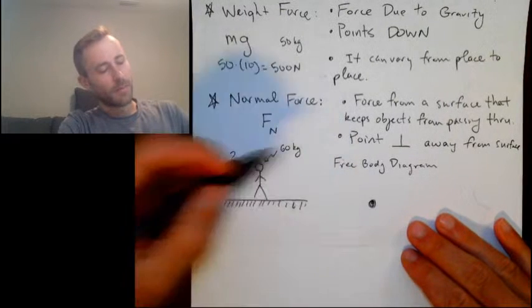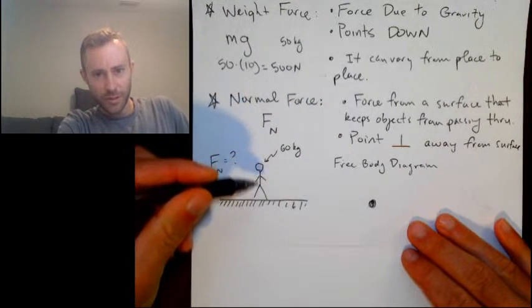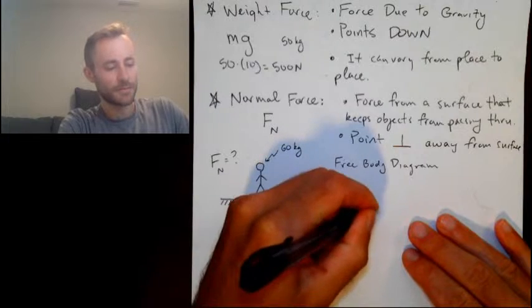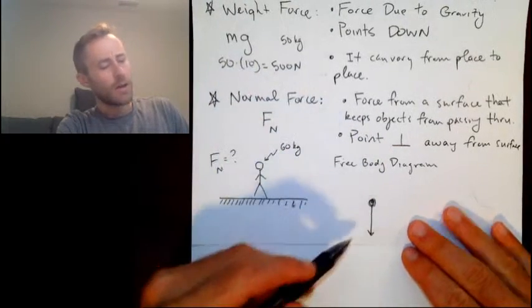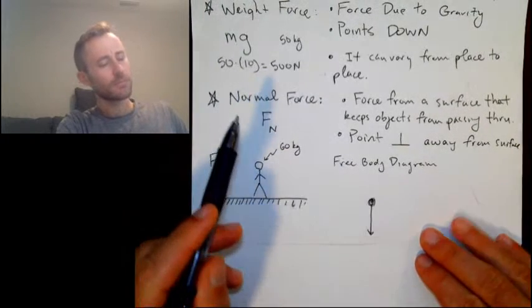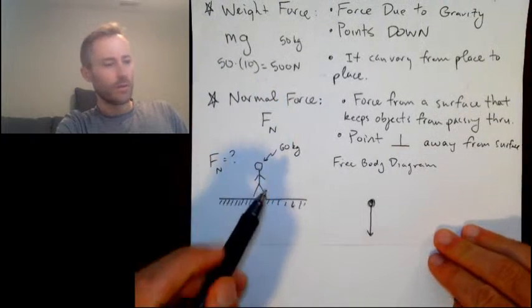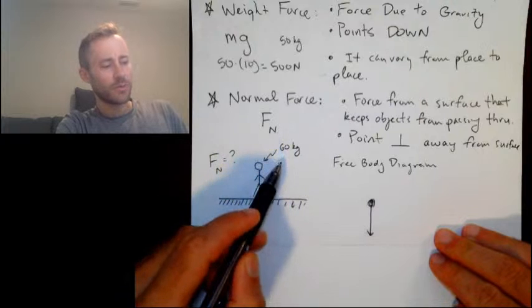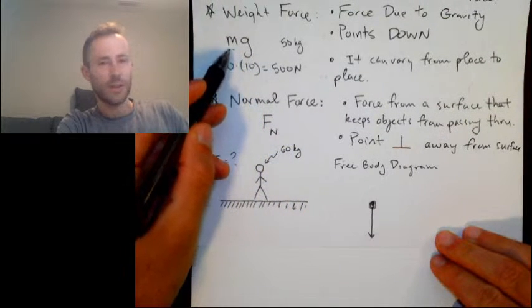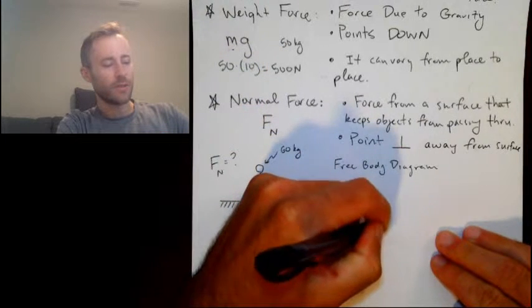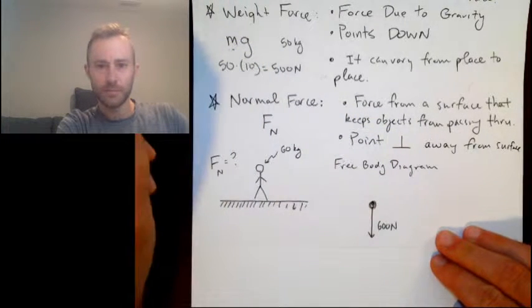Now, this person is experiencing a gravitational force pulling it downward. The gravitational force is going to be mg. So 60 times 10 is 600 newtons.